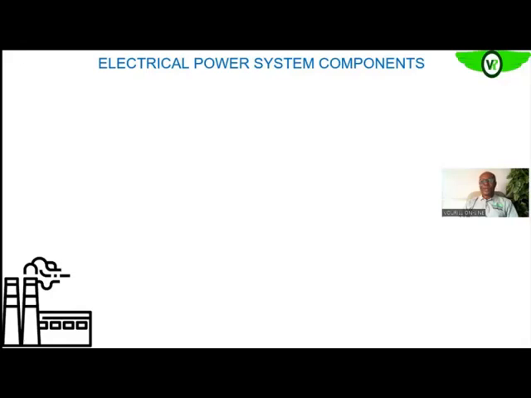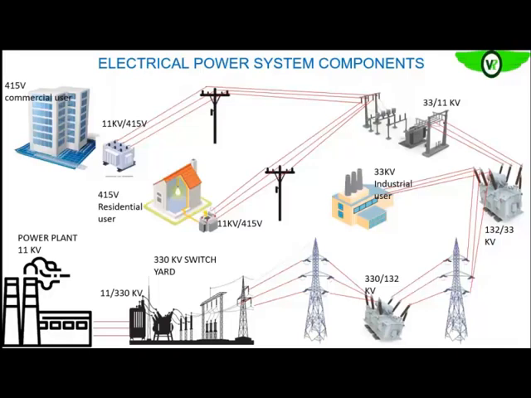So the power system generally, let us just briefly define the power system before we go into these various sections and components. The electrical power system is a network of components and equipment that is meant for the production, the transfer, that is the supply, and the utilization of electricity. So when we mention the power system, we are talking of everything from generation to the point of utilization.